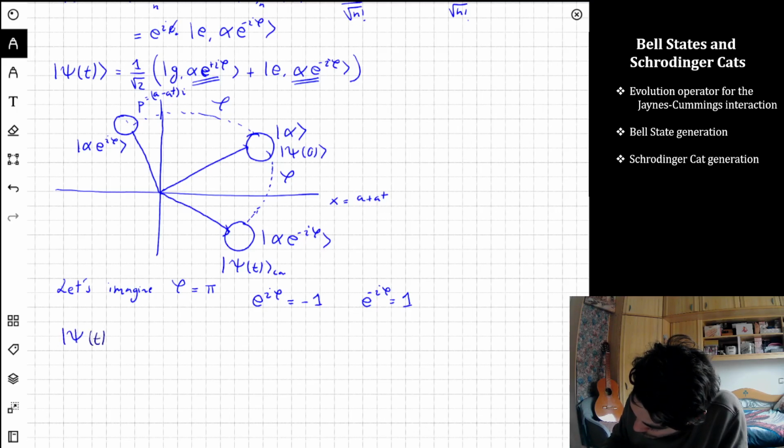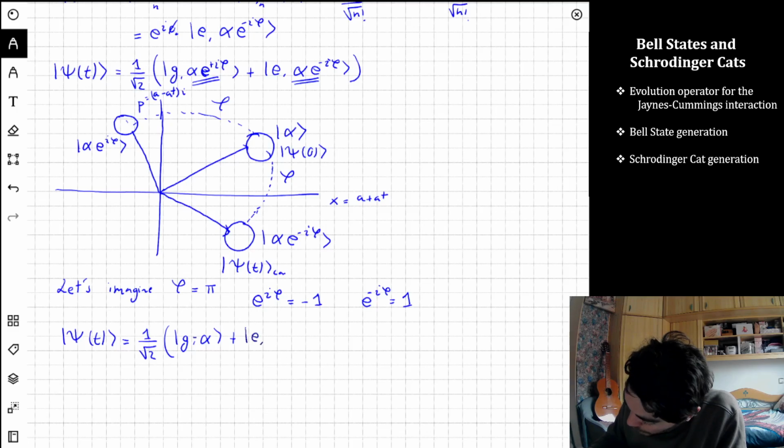is 1 over square root 2, and now we have the ground state alpha, or minus alpha actually, plus it doesn't matter, the excited state alpha.